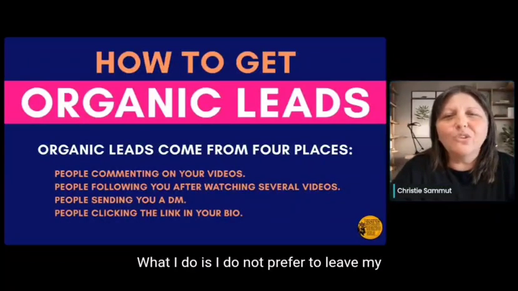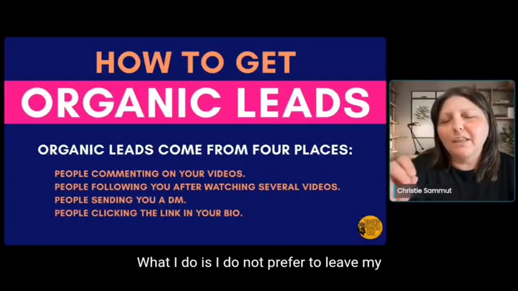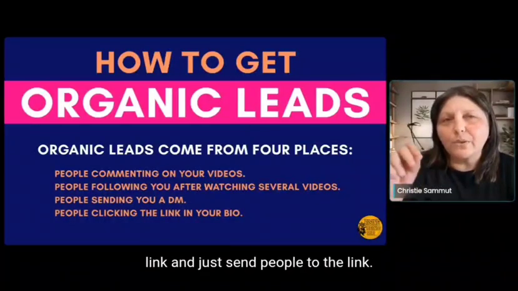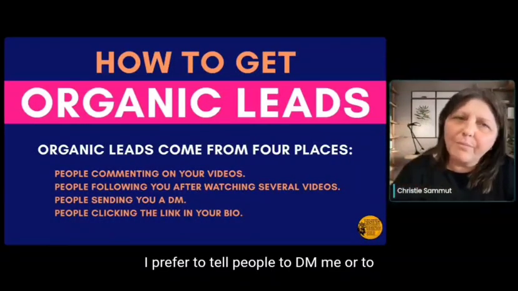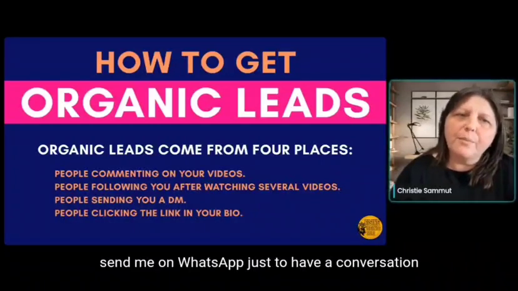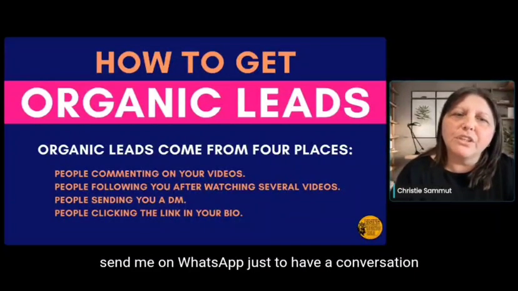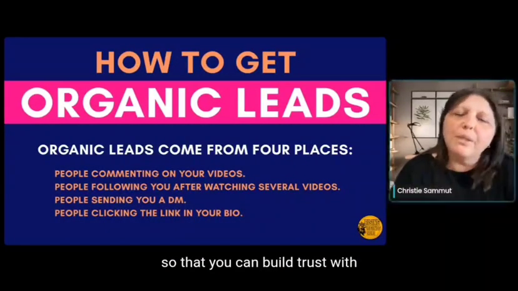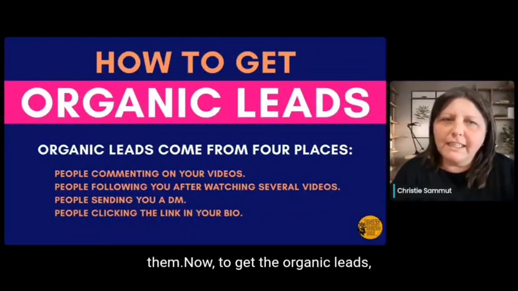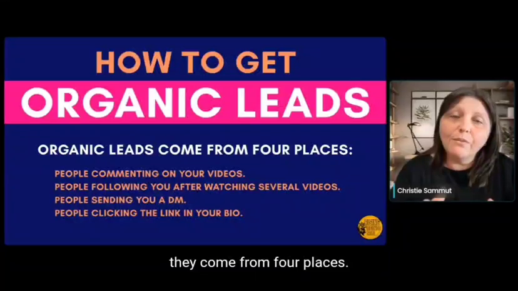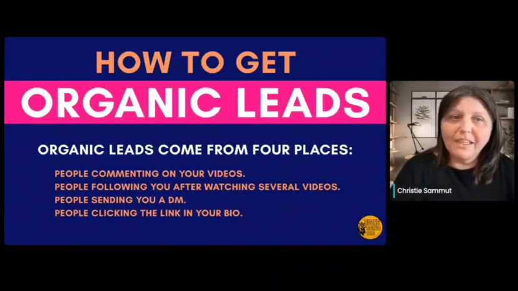What I do is I do not prefer to leave my link and just send people to the link. I prefer to tell people to DM me or to send me on WhatsApp just to have a conversation so that you can build trust with them. Now, to get the organic leads, they come from 4 places.